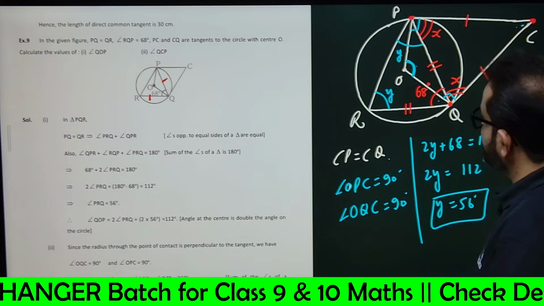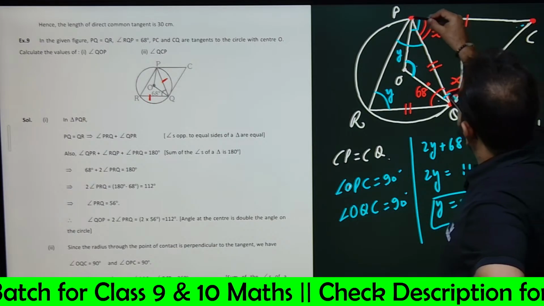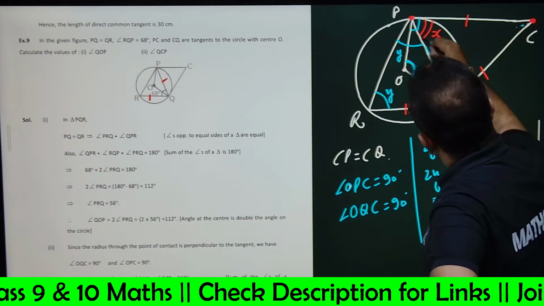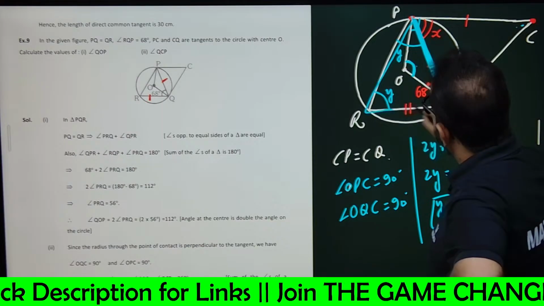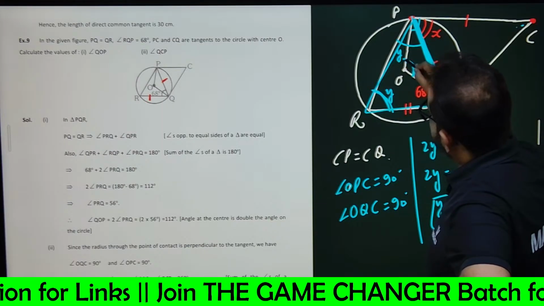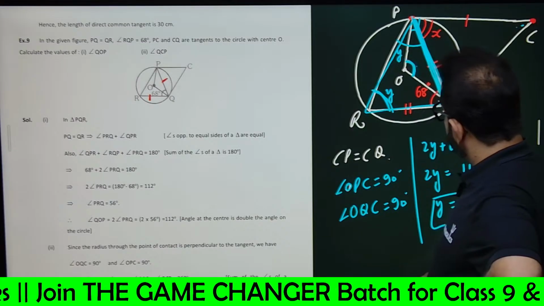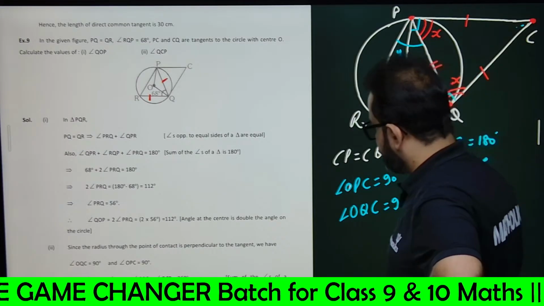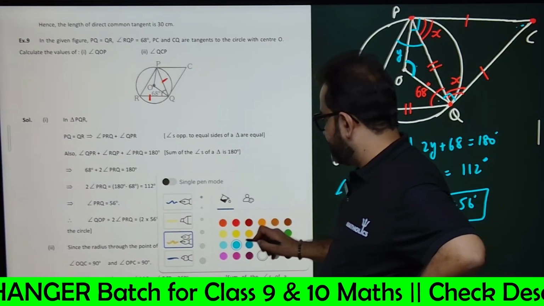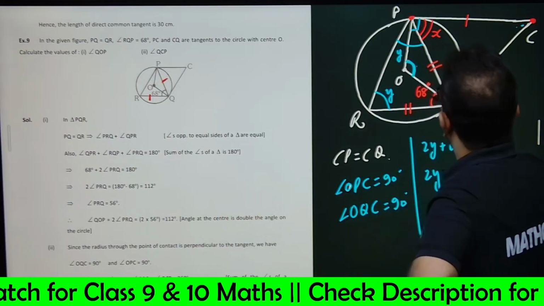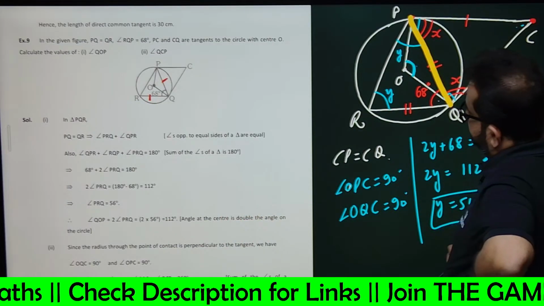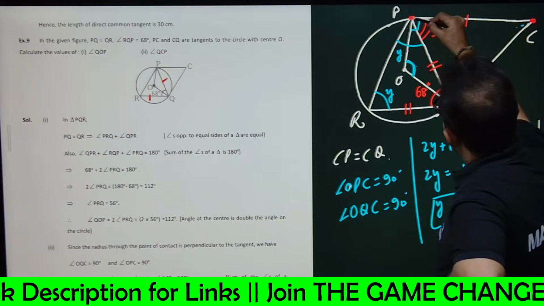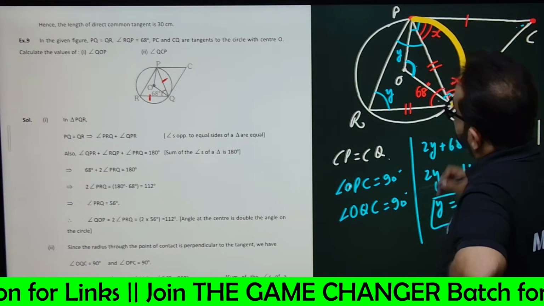Yes or no? Yes. Now, this is a chord, right? It subtends this angle, y. So at the center, it will subtend double the angle. I'll draw it again for you. Say this is a chord, or this is a sector, this is an arc, right?